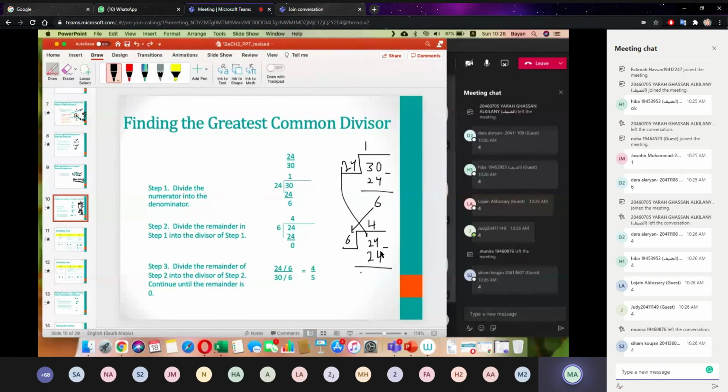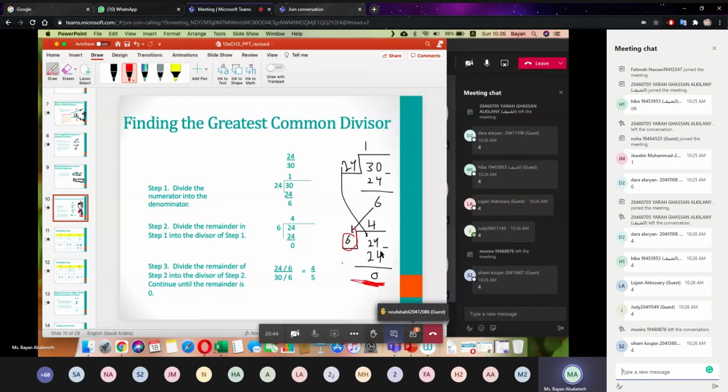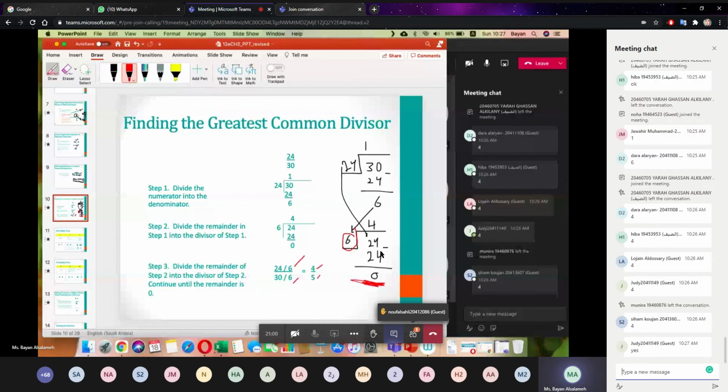So the greatest common divisor here is number 6, because we got 0 here. So 6 is the greatest common divisor. So now we can divide 24 by 6 and 30 by 6, which gives us 4/5. Clear now? Is that clear?